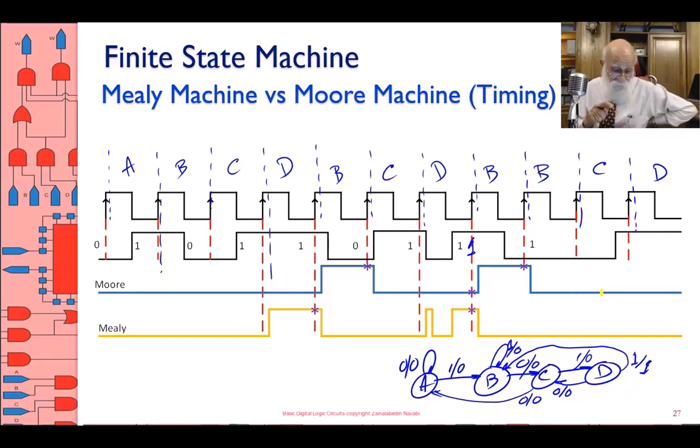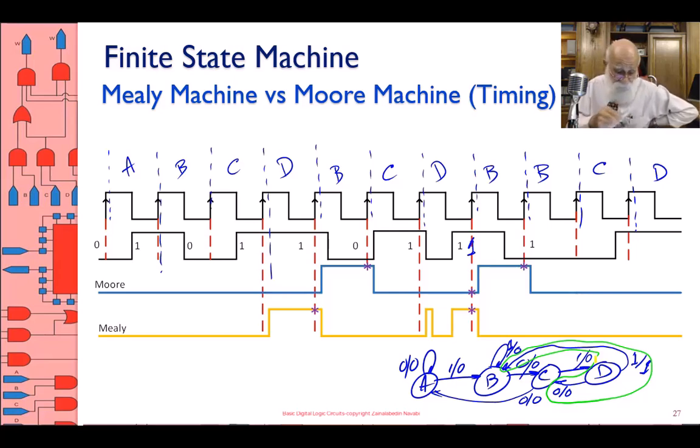The output of the Mealy is 1 whenever you are in state D. Okay, look, if you are in state D, whatever happens to your input happens to your output.